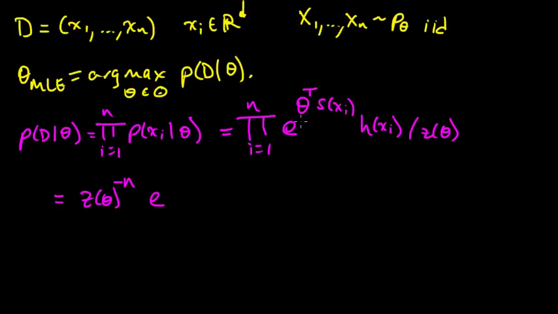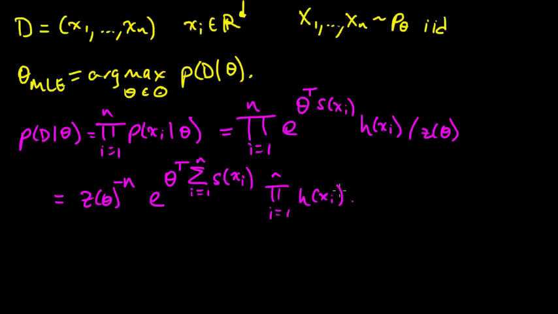Then e to the sum; a product of exponentials becomes the exponential of the sum, and we can pull out this theta transpose times the sum as i goes from 1 to n of s of xi, times the product over h of xi's.